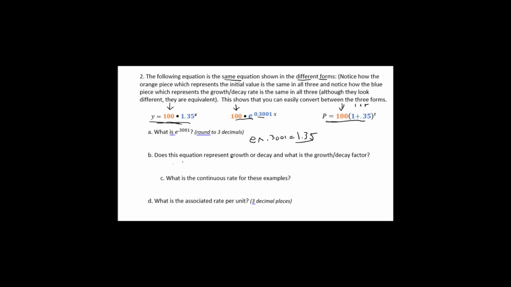So does this equation represent growth or decay? Growth or decay? And the answer is growth because it is greater than 1. And the rate is 35%. And the factor, that's the rate, right? And the factor is 1.35.